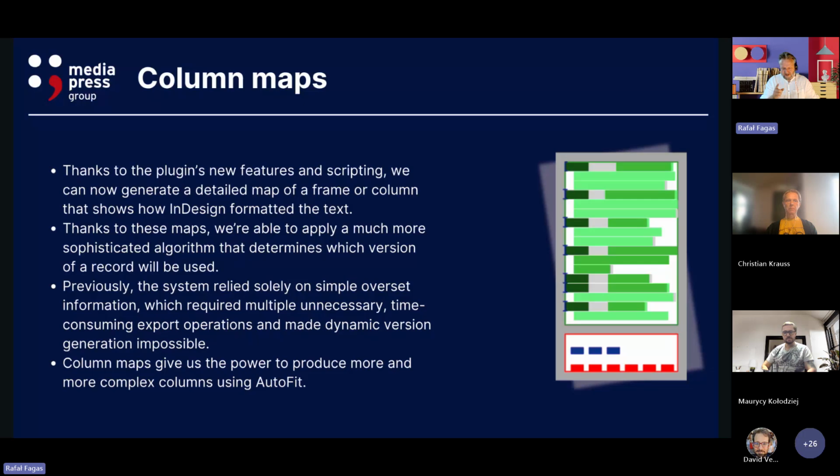I think it's worth mentioning, and it will also appear in later slides of this presentation, that this new functionality opens the way to create even more sophisticated layouts using AutoFit. These listing columns have different levels of complexity.